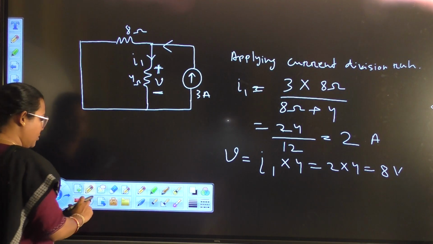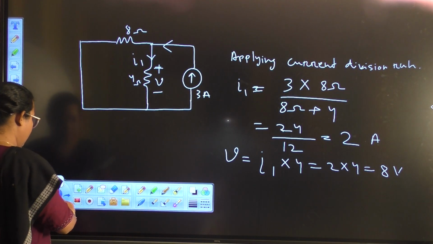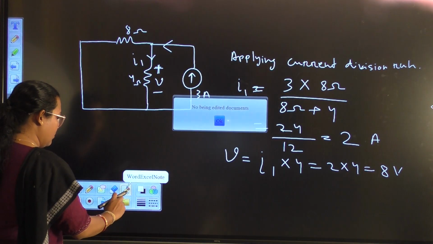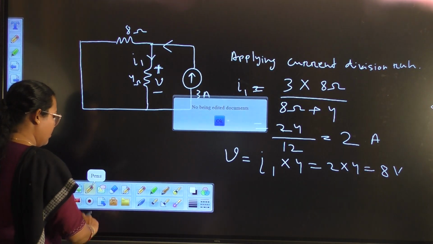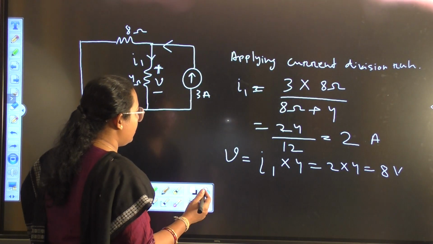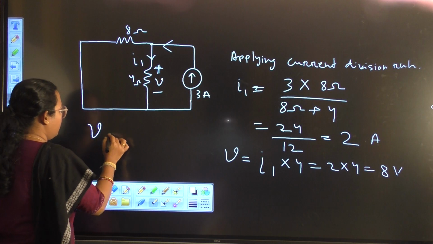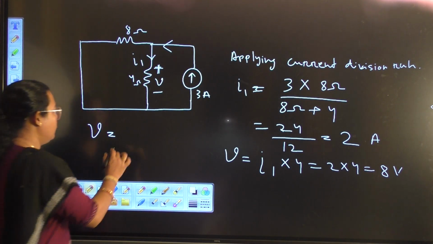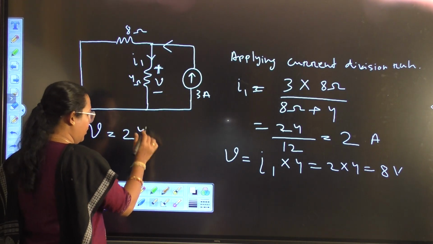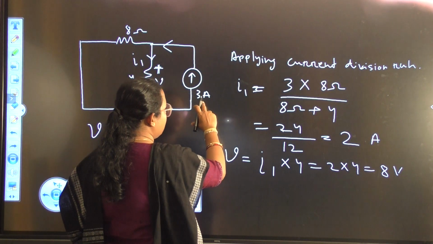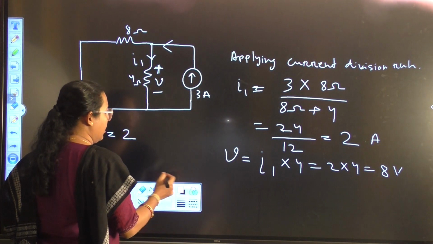And in the previous page, we have already seen that my voltage only because of the 6 volt source was 2 volt, and now I got the value of voltage by considering only the 3 ampere source as 8 volt.